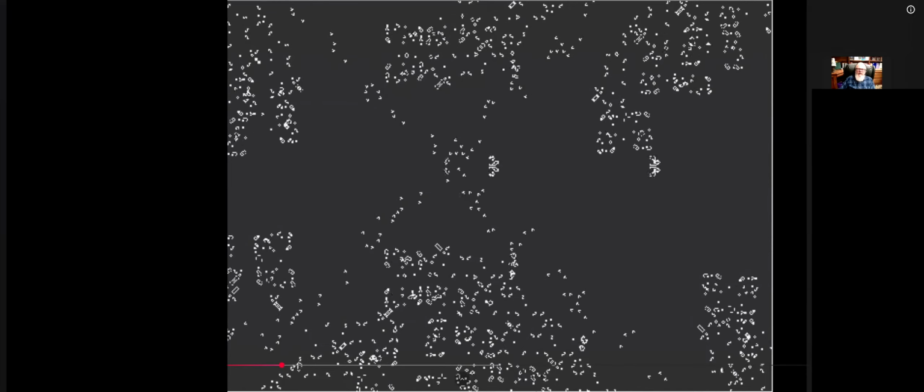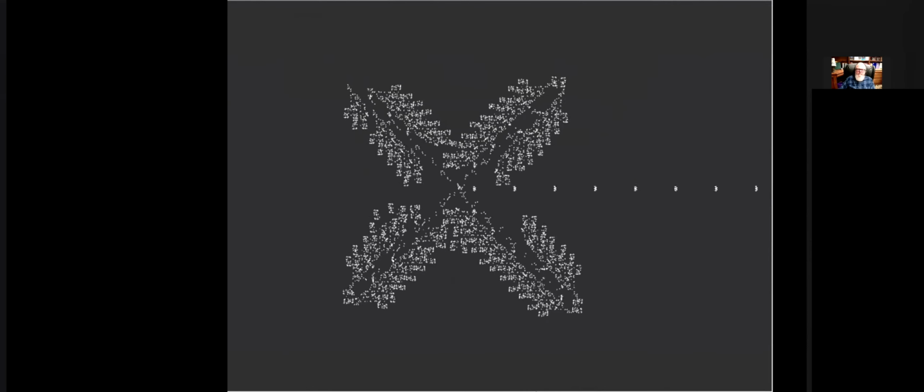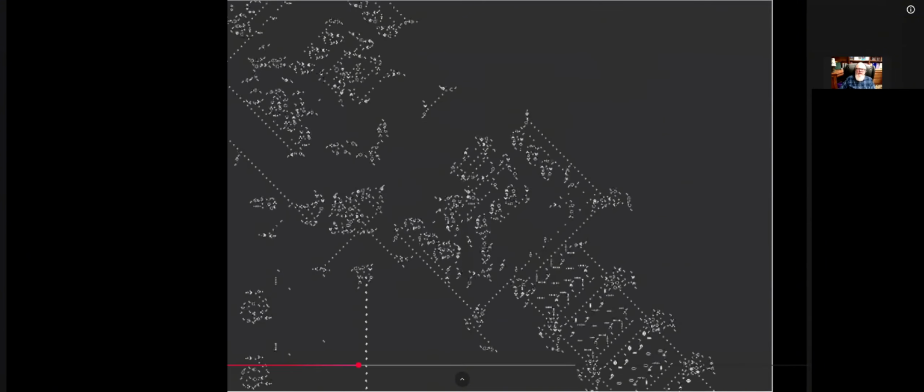Here's something more complex that actually builds a so-called spaceship using the four rules of the game of life. And so this is a factory that manufactures a bunch of spaceships. Here's another interesting one. I'm not sure what it does.